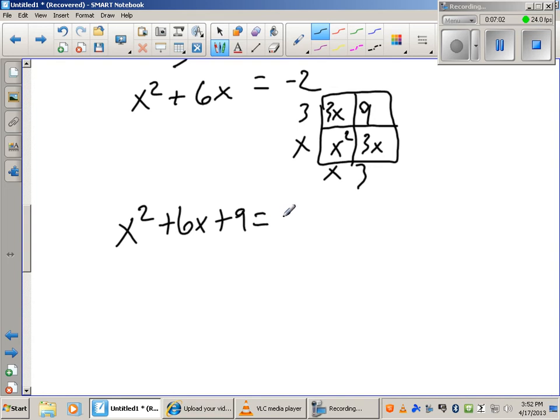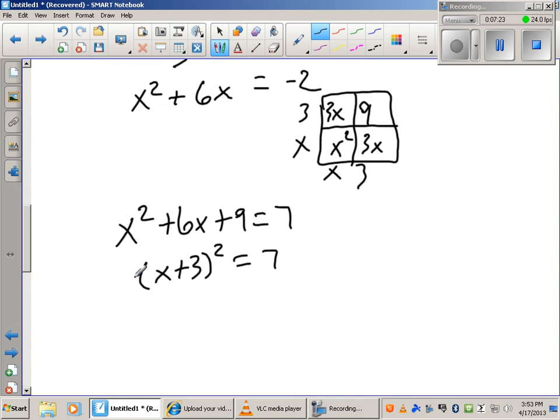So then we want to factor the left side of our equal sign. X squared plus 6x plus 9. And we know the factors are on the outside of our square, which is x plus 3 squared equals 7. Now we want to get rid of this exponent because we're trying to solve for x.